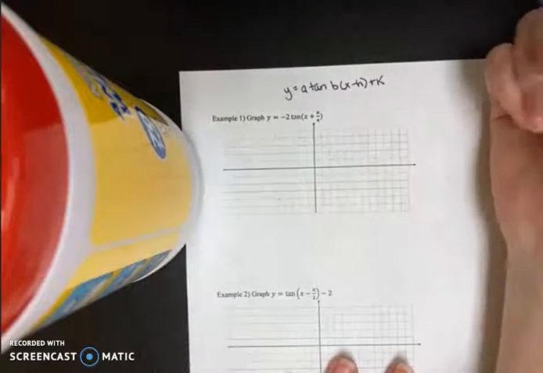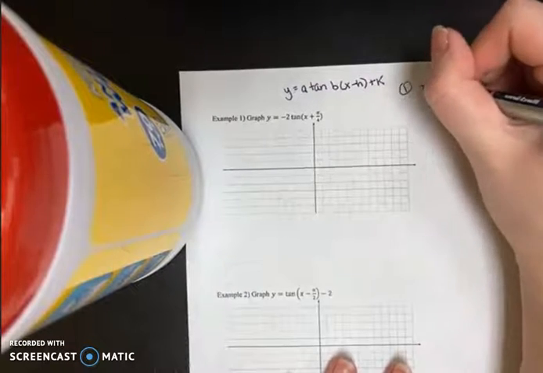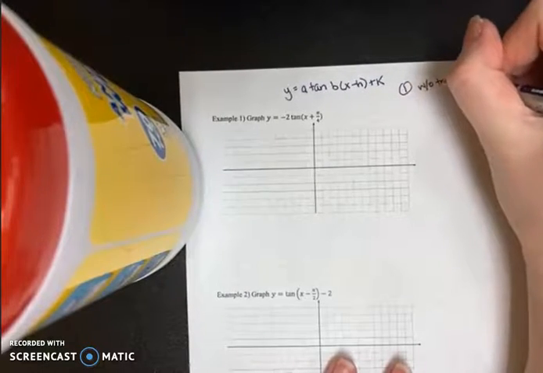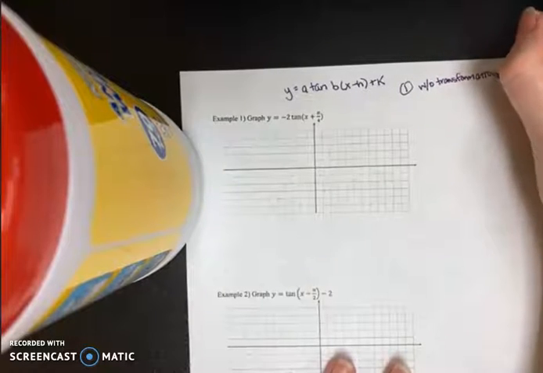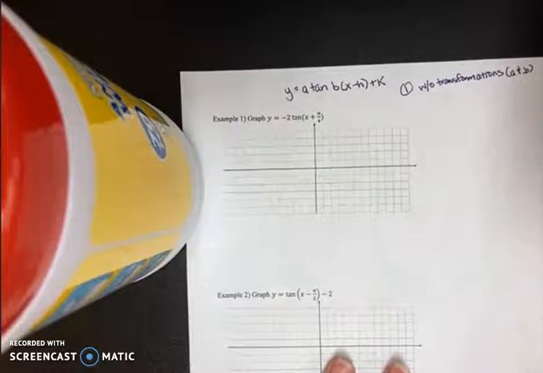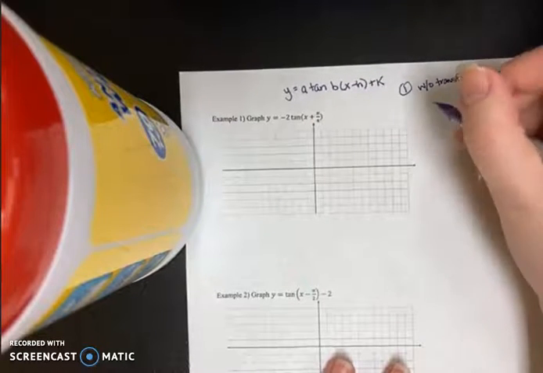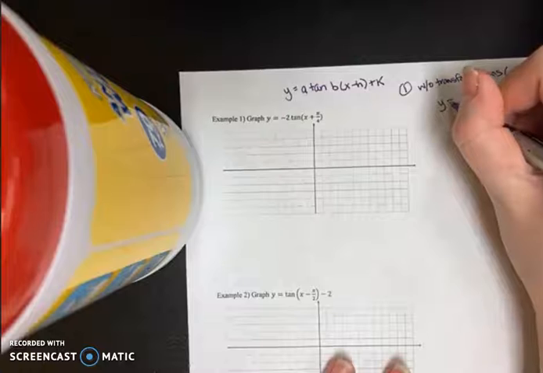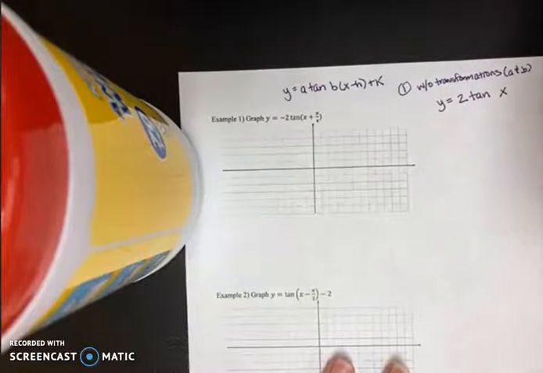The first thing you want to do is graph the function without transformations, so where only a and b are impacting the graph. So if I'm looking at example 1, I'm only going to graph y equals 2 tangent x.